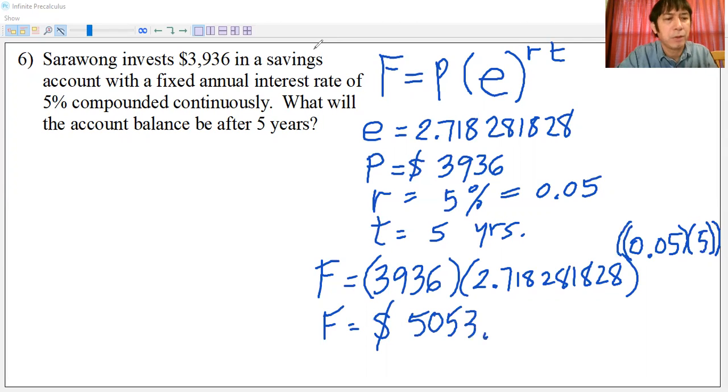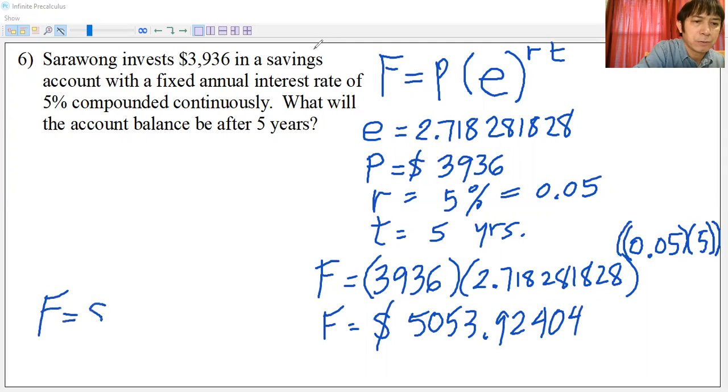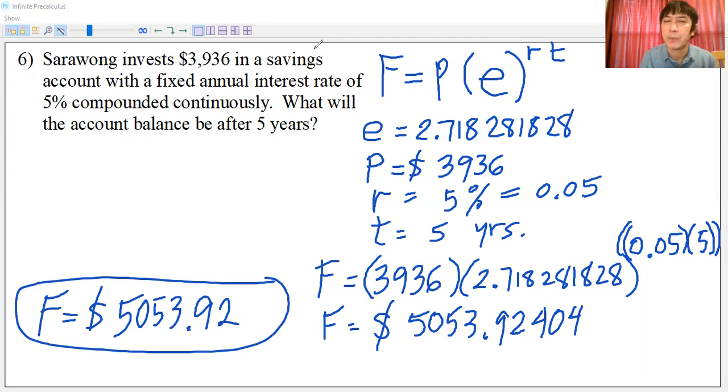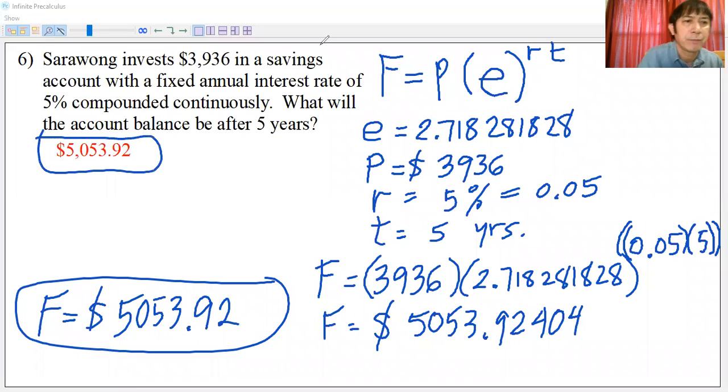We can round that to $5,053.92. All right, let's check and verify. The answer is over here: $5,053.92, exactly what we have over here.